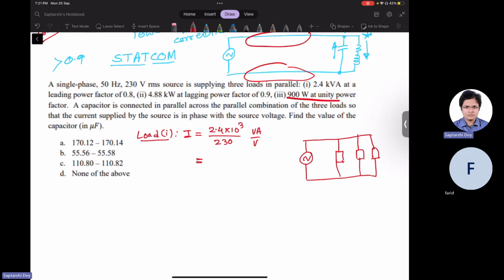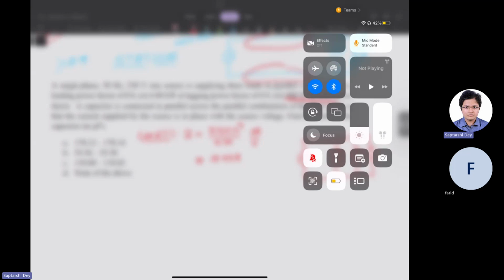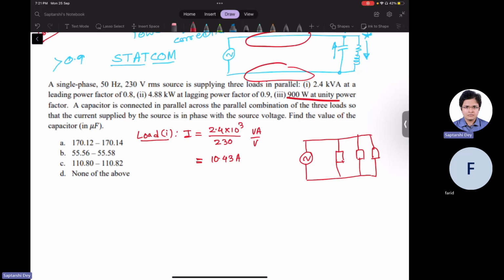So it becomes 2.4 K by 230, 10.43 ampere. That is the RMS, but it draws the current at a leading power factor of 0.8.